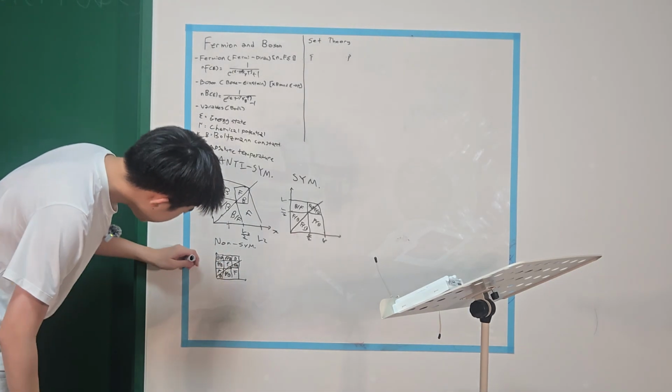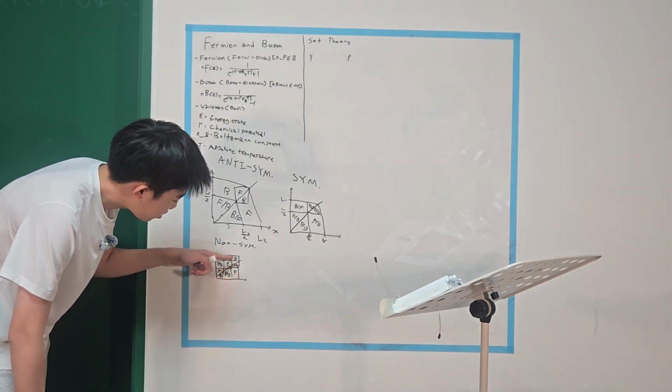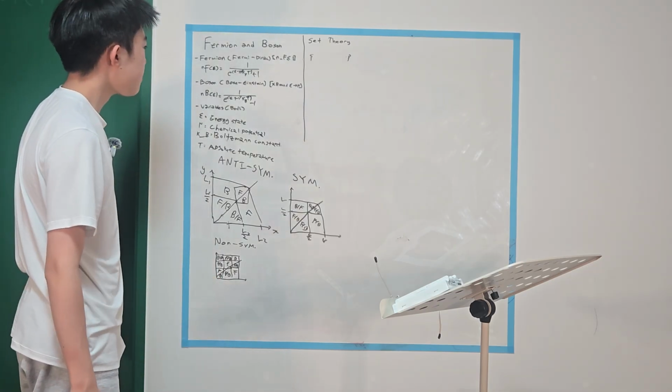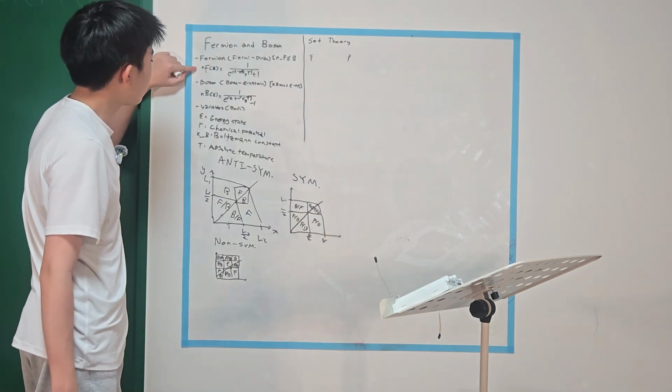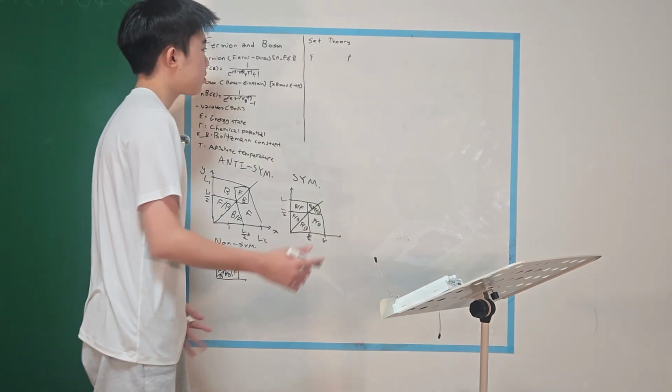As you can see, I wrote, this is a fermion and the opposite adjacent corner is a boson, which is the opposite side. For a fermion, there are electrical charges like electrons and different atoms.